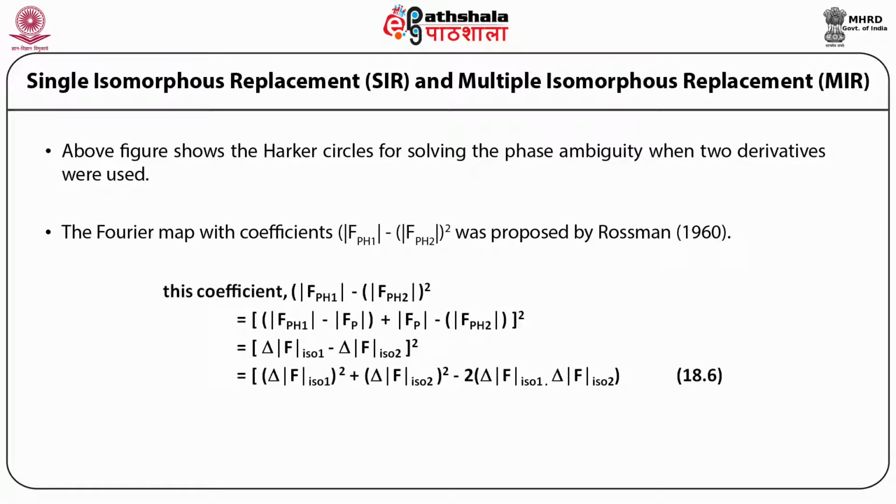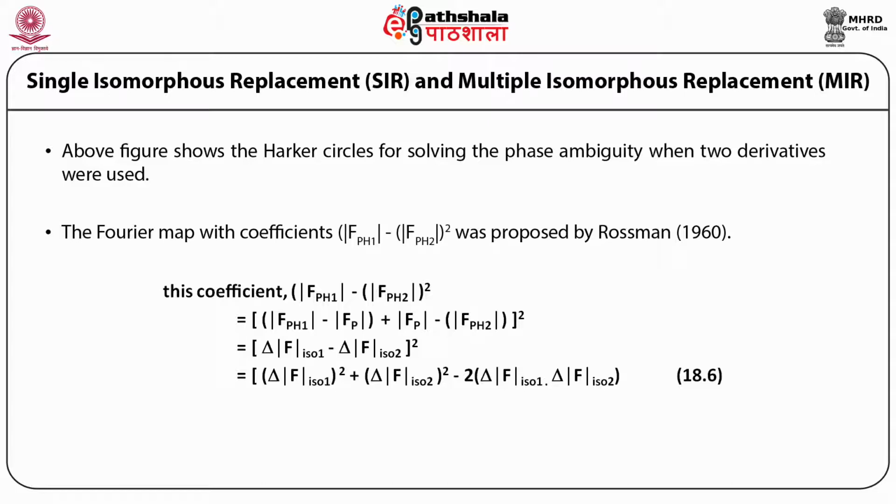These are the structure factors obtainable from the intensity of the first derivative crystal and the second derivative crystal by taking the square root. Now, with this mod FPH1 minus mod FPH2, you subtract and add mod FP.